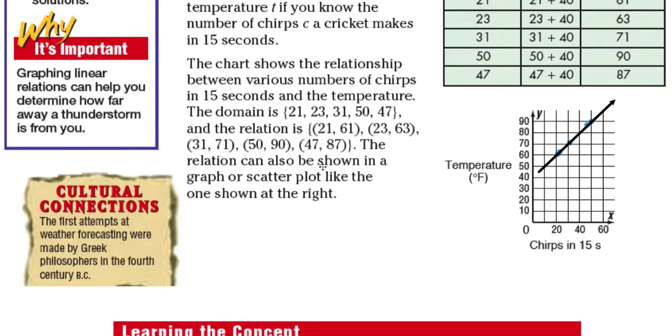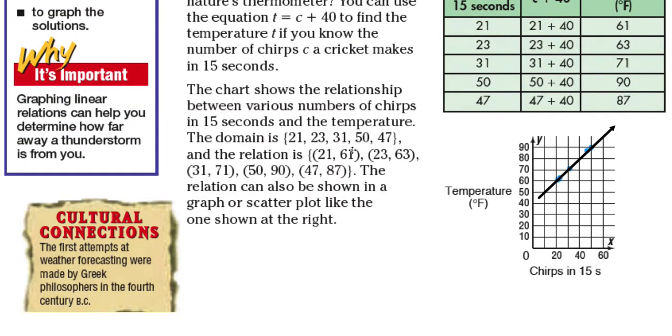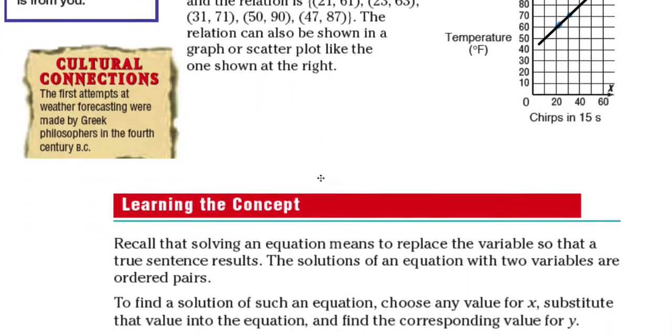These are the solutions for your equation T equals C plus 40, where you have T and C, your first variable and your second variable. With this, you know that 21 and 61 will make the equation true, and all the other ordered pairs will make the equation true.